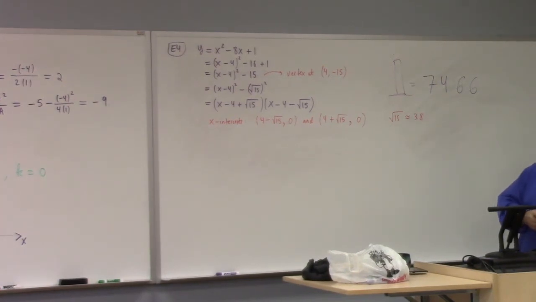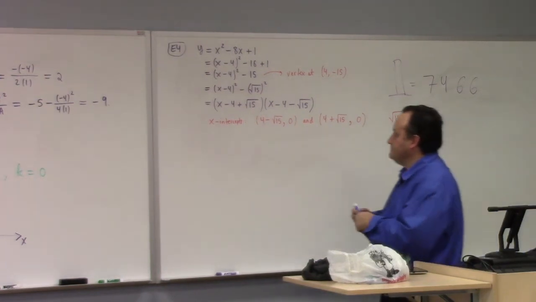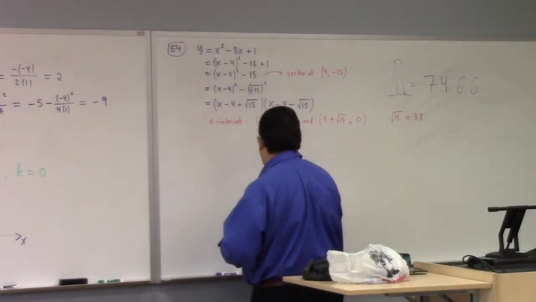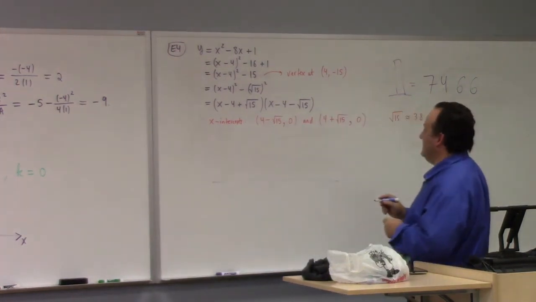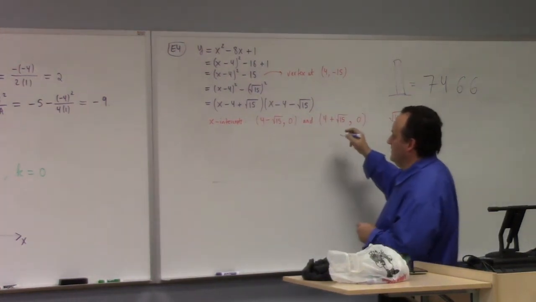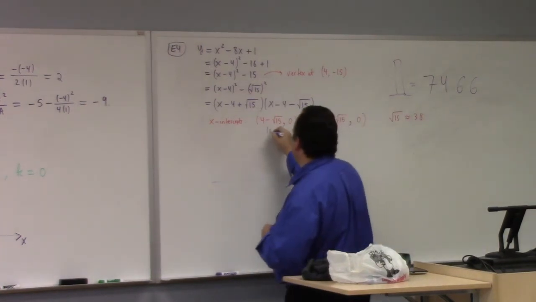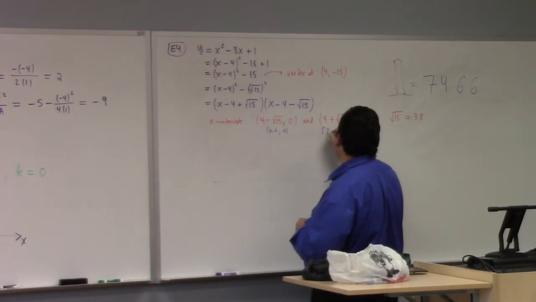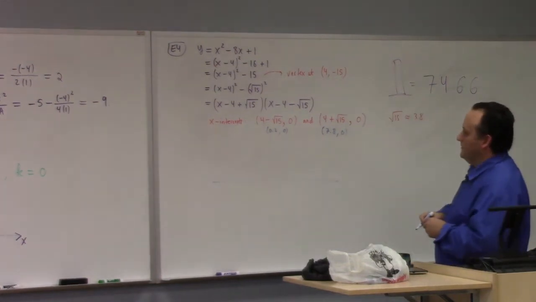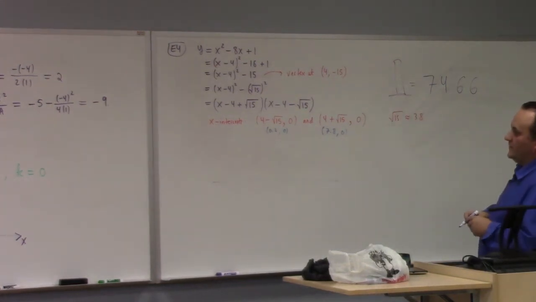So with that, I can make a pretty good sketch of the graph, right? So basically this is approximately 0.20, and this is approximately 7.80, yeah? That's roughly where the x-intercepts are.